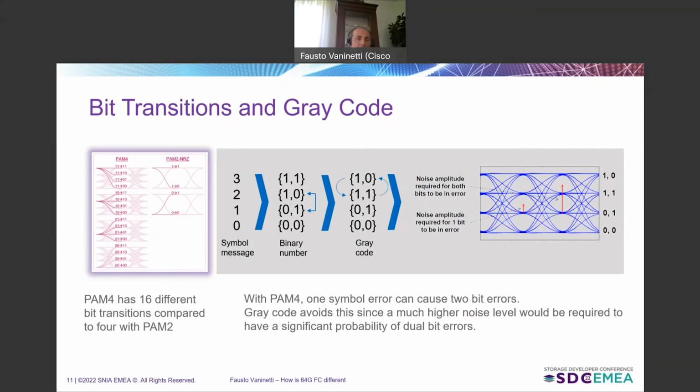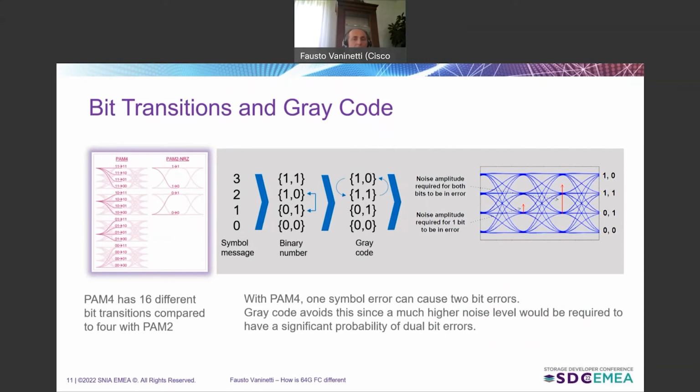This means that if you make a mistake in selecting that specific level, you are not going to get 1 bit error. You're going to get 2 bit errors at the same time, which is not really nice. And so by applying gray coding, you can actually solve that issue. In gray coding, you swap the equivalent bit representation for your levels.